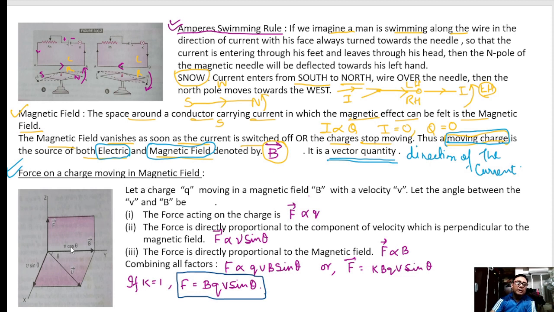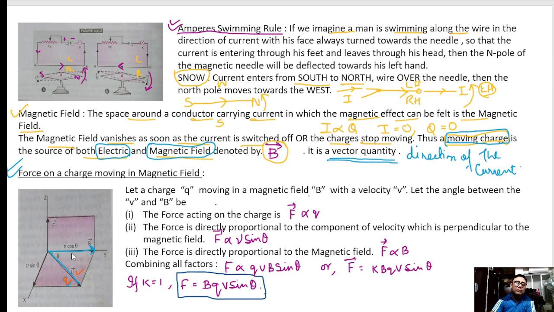Suppose this is the magnetic field's direction, and suppose here is a charge moving, which is making an angle theta with the direction of the magnetic field. It is moving with a velocity v.